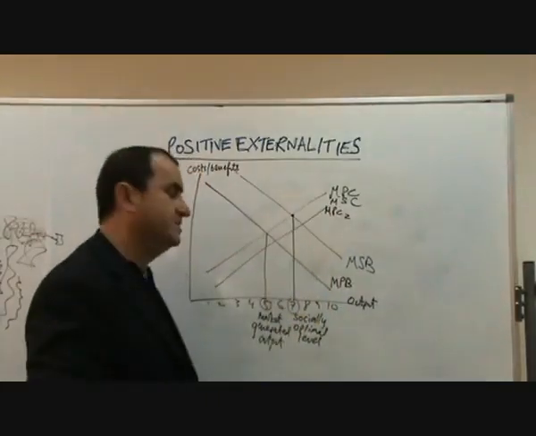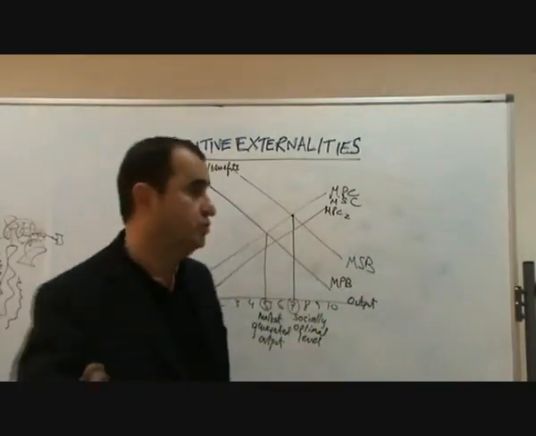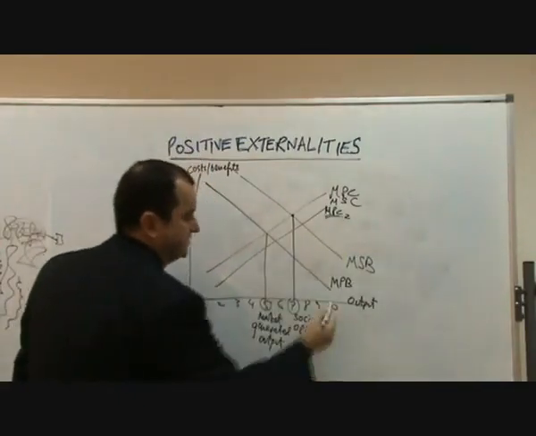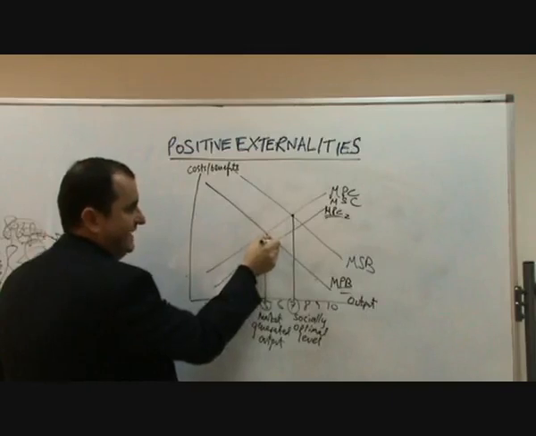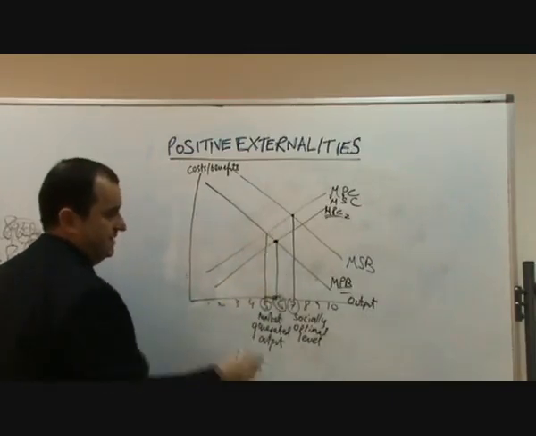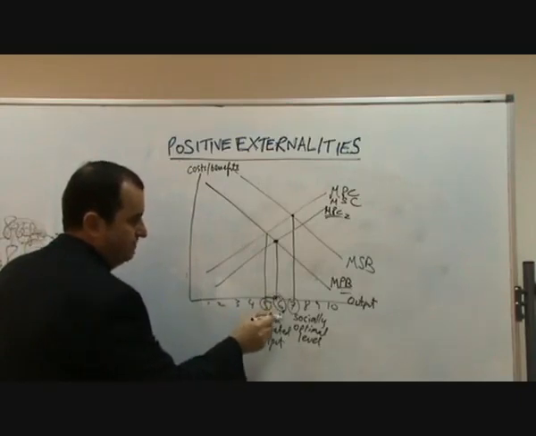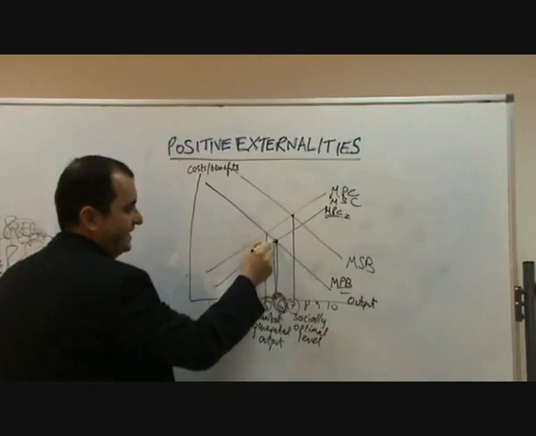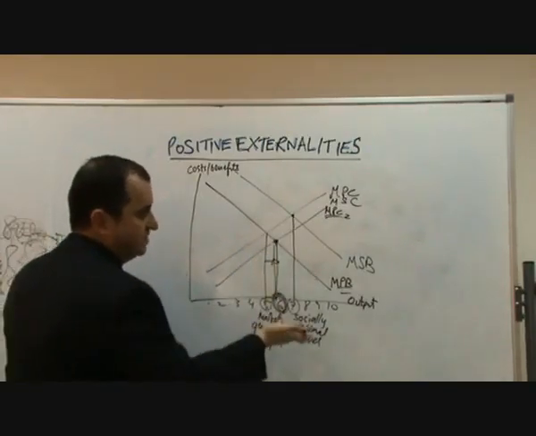And now, as people consider, should they go to university? Should they look after themselves through healthcare? Now they're weighing up a new private cost with private benefit. That's here. And this increases output. And that is the new market-generated level of output. And you can see that that is more, it's closer to the socially optimal level.